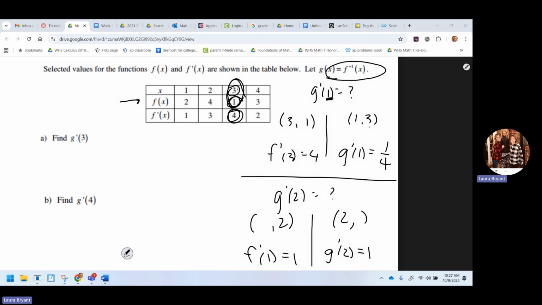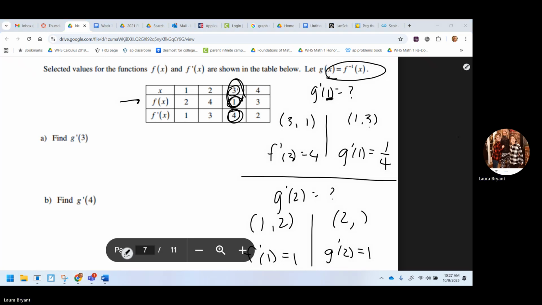Oh, how do you get 3? Okay, G prime of 2 means I go to 2 as a Y value, which gives me X equals 1. Then I take the derivative at 1, which is 1, and then flip it.